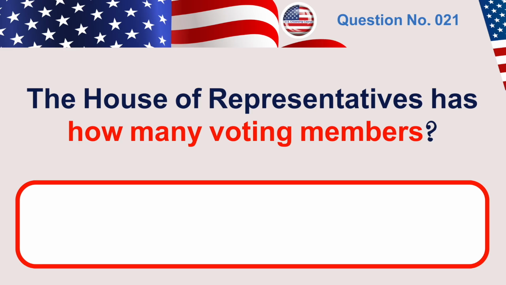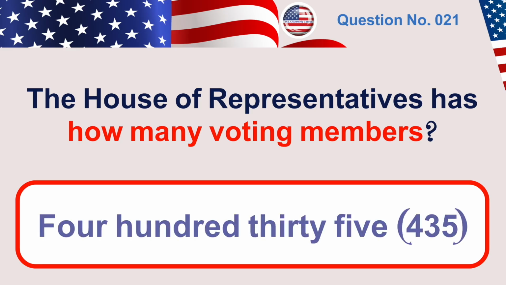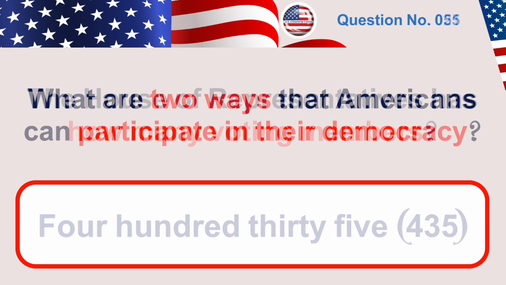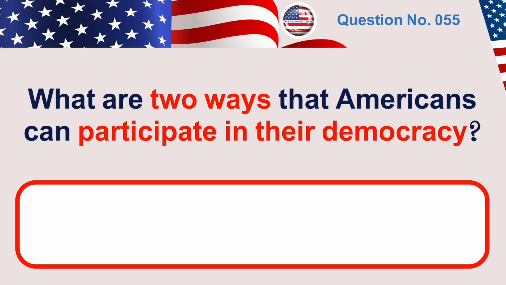The House of Representatives has how many voting members? 435. What are two ways that Americans can participate in their democracy?